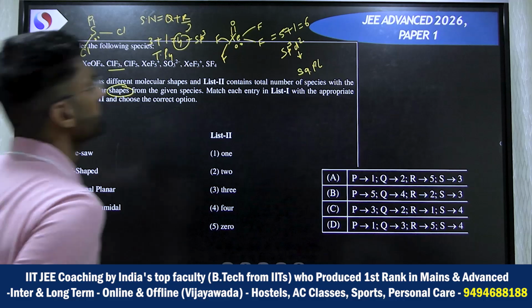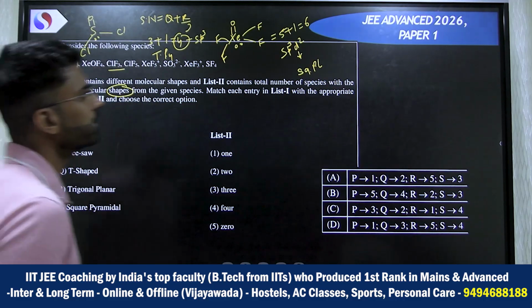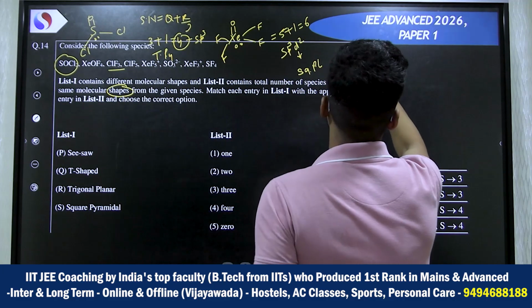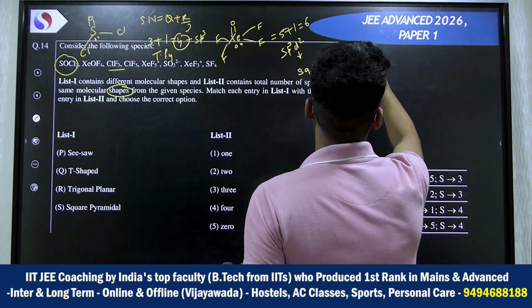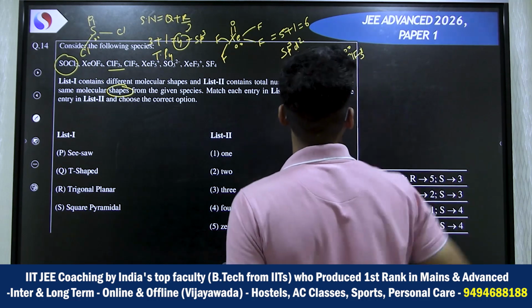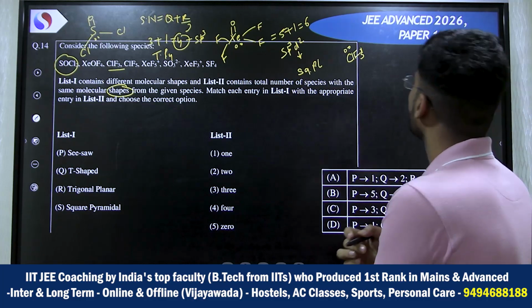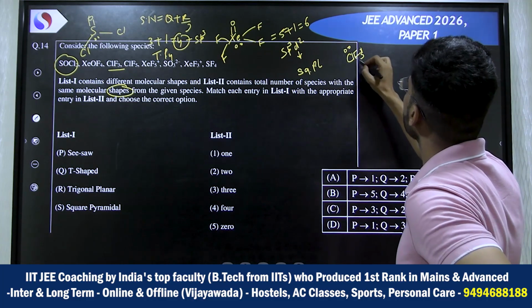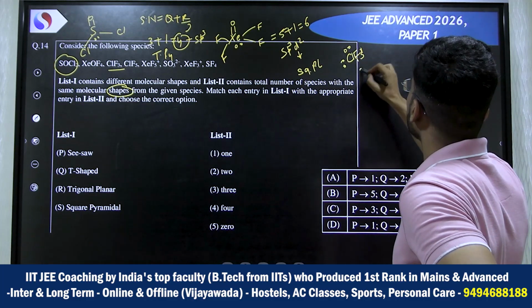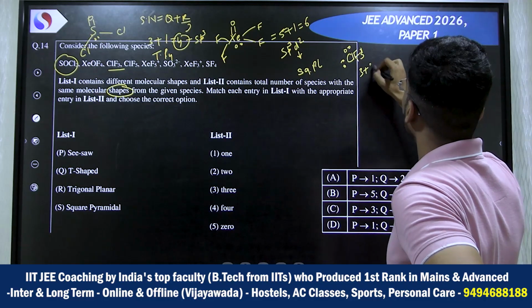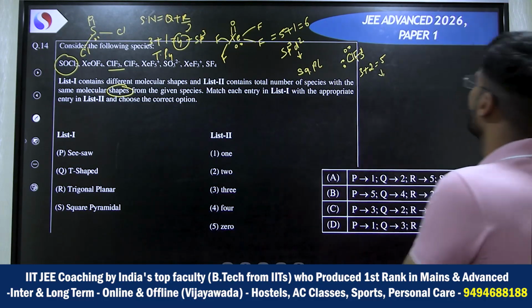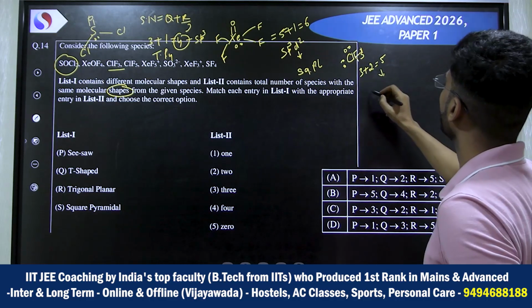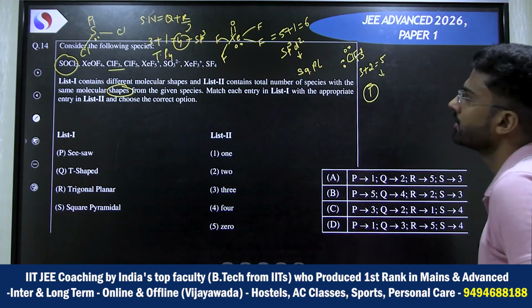ClF3. So ClF3 I am writing here. Each fluorine has 3 lone pairs, 7 electrons around fluorines. 3 fluorines are there, so 2 lone pairs of electrons on chlorine; 3 sigma bonds plus 2 non-bonding pairs, 5, which means it is trigonal bipyramidal. So 2 lone pairs of electrons means it is a T shape.